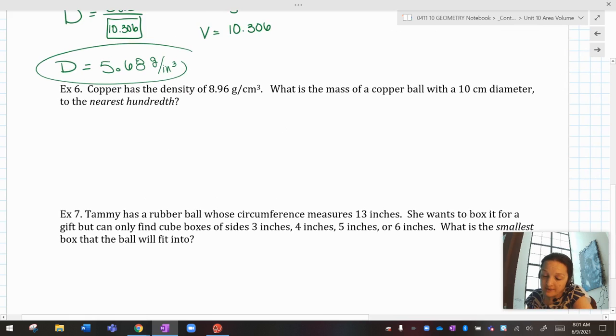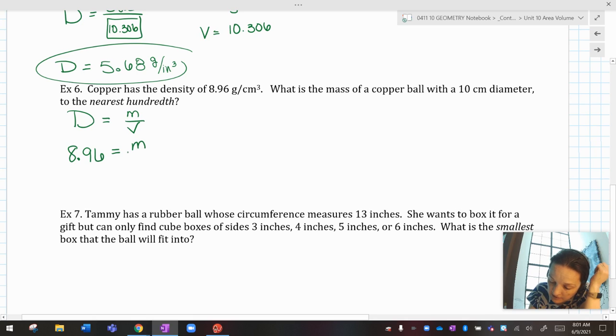All right, copper has a density of 8.96 grams per cubic centimeter. What is the mass of a copper ball with a 10 centimeter diameter to the nearest hundredth? We're dealing with density again. Density is mass divided by volume. The density they gave us is 8.96. We want to find the mass, so I need to first figure out the volume. If I have a 10 centimeter diameter, I have a 5 centimeter radius.